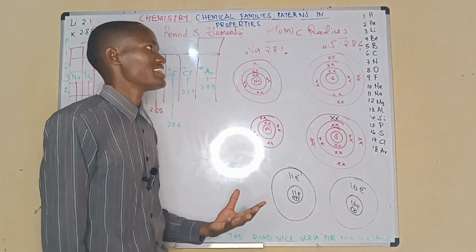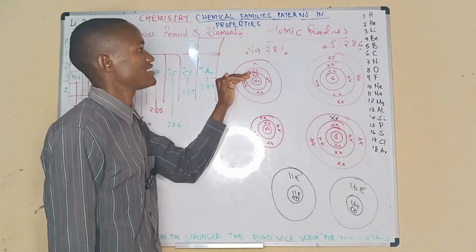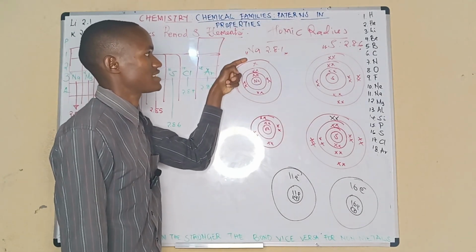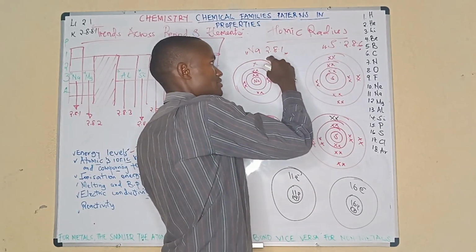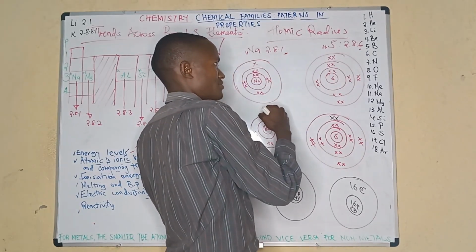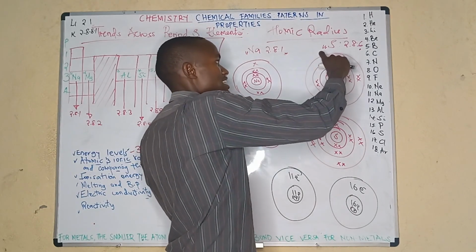And to add on, they have the same number of energy levels, meaning that the very last electron is at the same distance. The shell is in the third energy level.